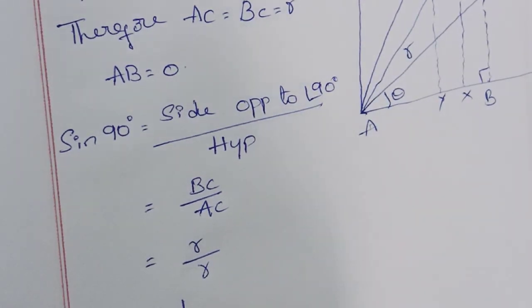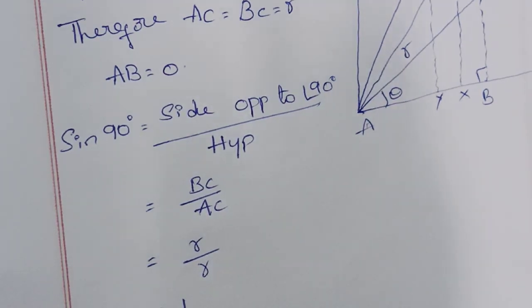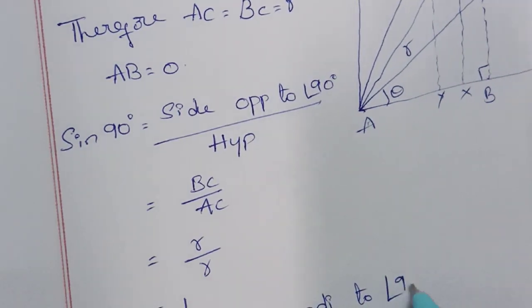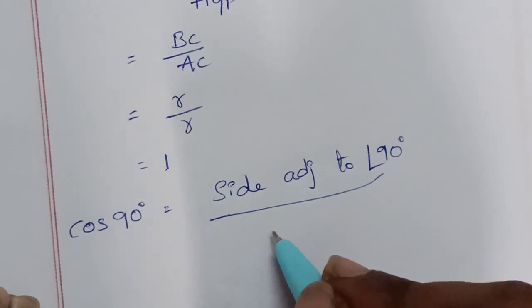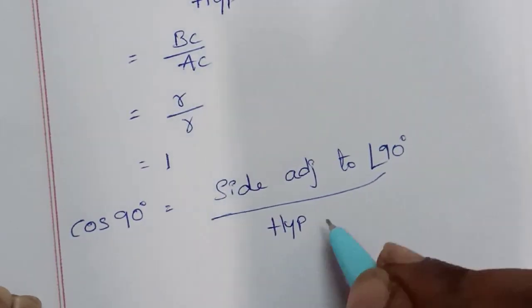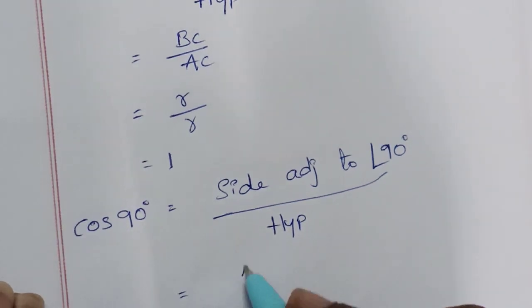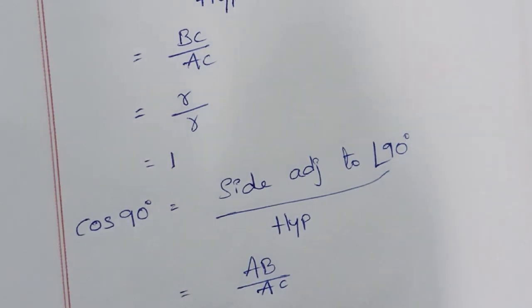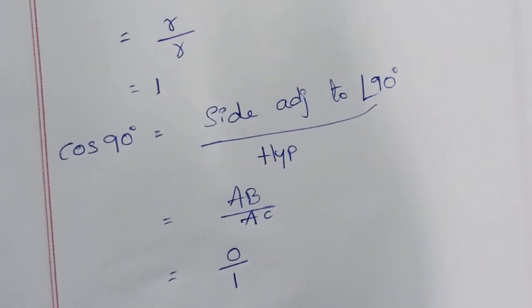Next, cos 90 degrees, side adjacent to angle 90 degrees by hypotenuse, that is equal to AB by AC. AB length is 0, AC length is R, is equal to 0.